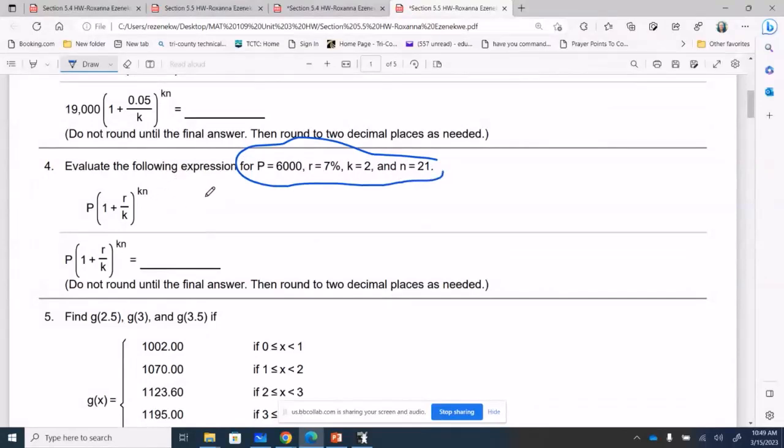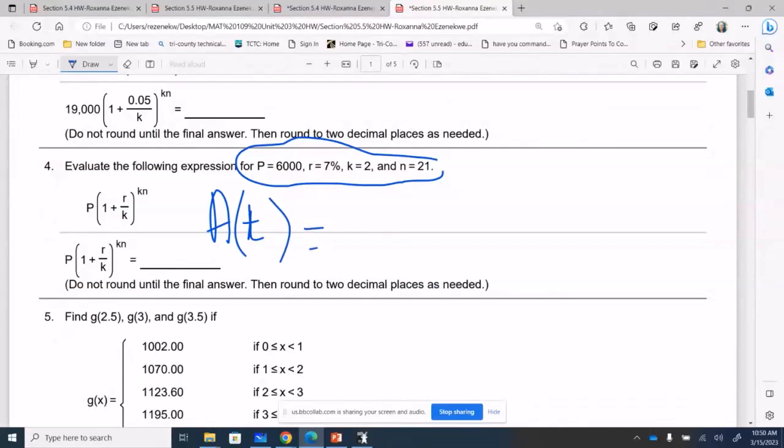Evaluate the following. Find the future value. So let's find the future value. We just say, find the future value. So I want to find A, or A of t.